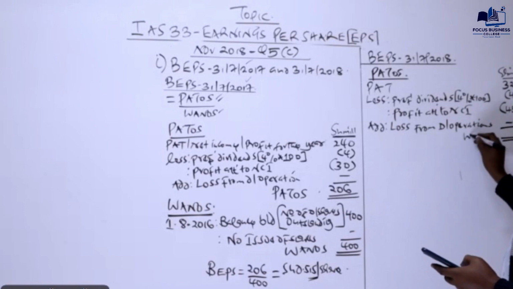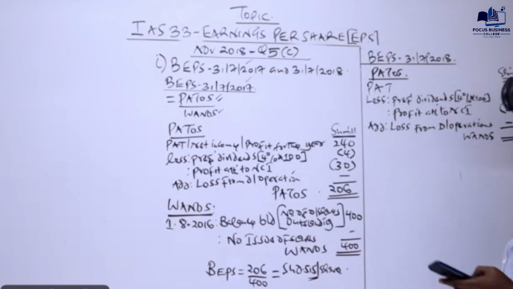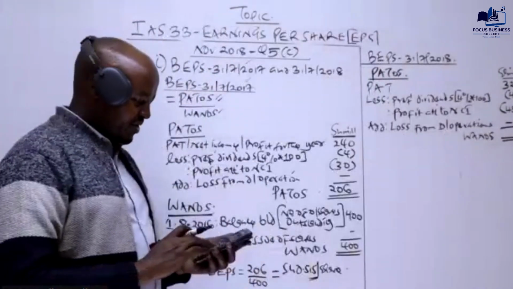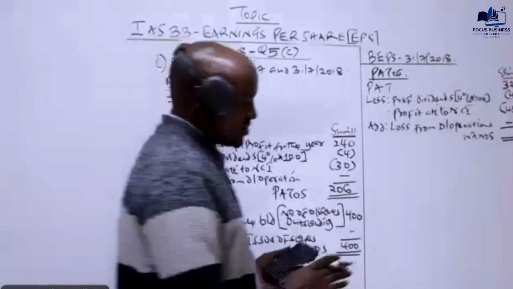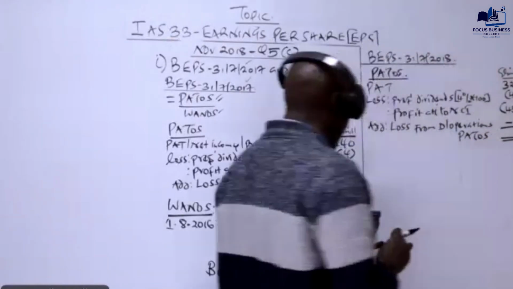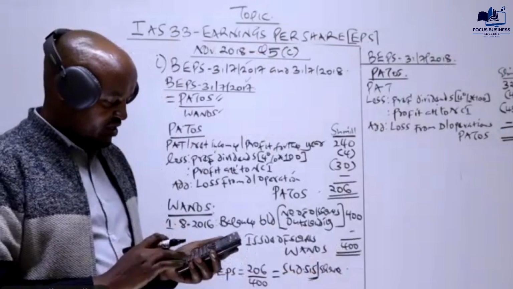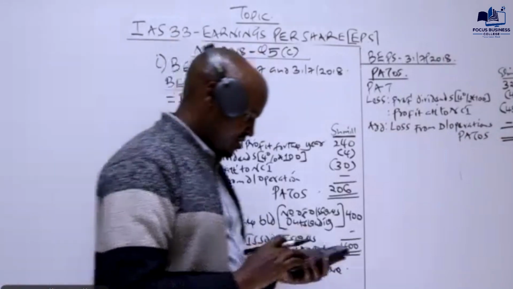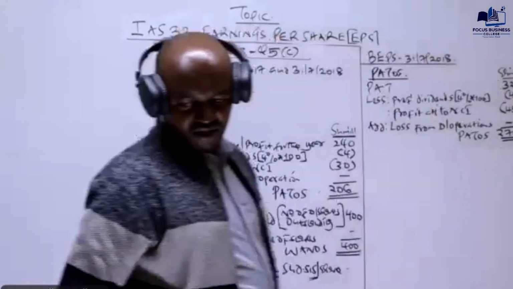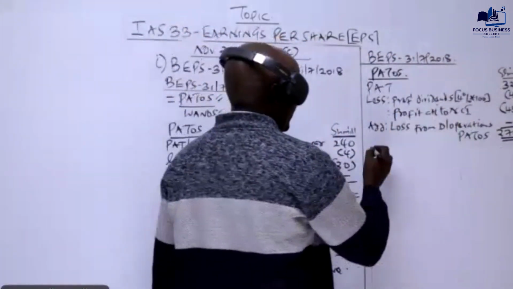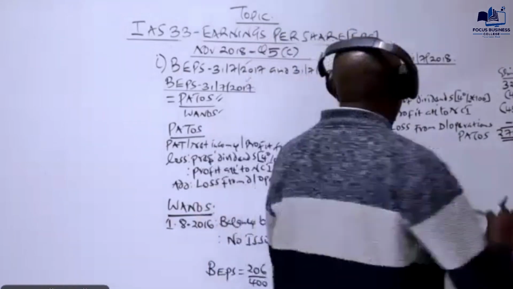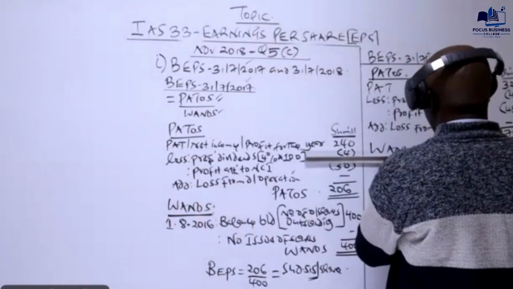No. So basically, sorry, this should be the PATOS. 325 minus 49 will give us 276. Having that, we need to move and compute the weighted average number of ordinary shares for the one-offs.